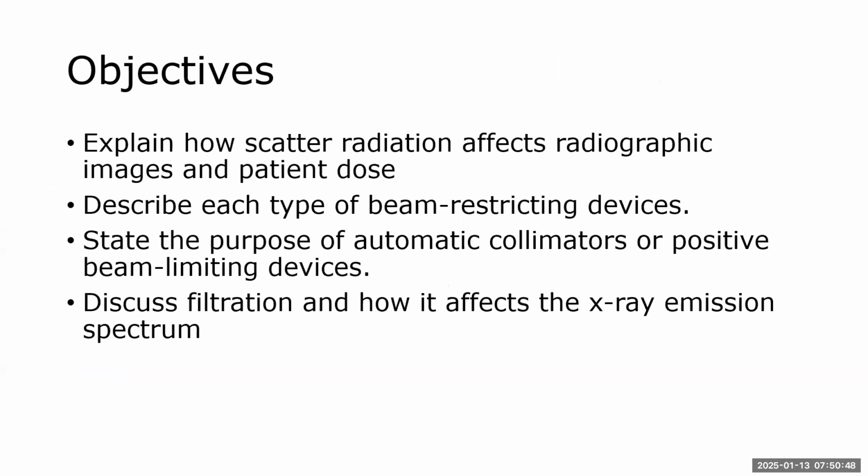So we're going to look at how scatter radiation, and we've talked about scatter, but we're going to get into it in a little more detail this semester. We're going to talk about the different types of beam restricting devices, the purpose of automatic collimators or PBL, positive beam limiting devices, what that means. And then we're going to talk about filtration and how it affects the X-ray emission spectrum.